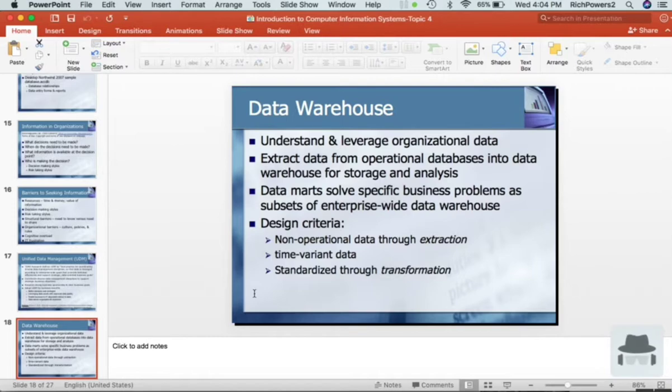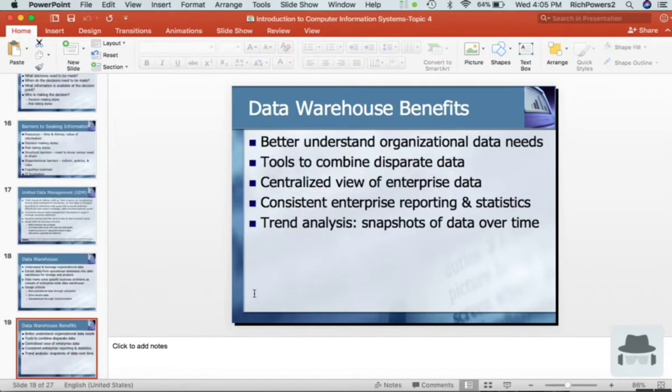For data warehouses, we'll take those tables and convert them into what they call a cube, which is built around what we call time variant. All right. And then it's transformation, so standardized through transformation. But the actual terminology that gets used in the data warehouse world is ETL, which is extract, transform, load. So you're taking the data from a relational database system to get into something that you can do reporting on.